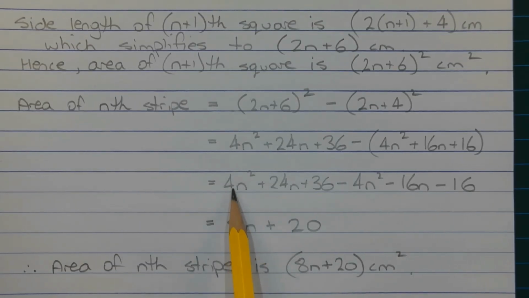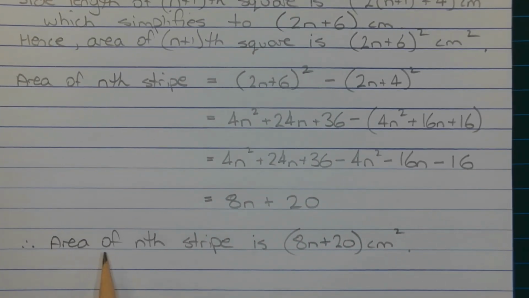Now the 4n squared here will cancel with the negative 4n squared here, and we can collect some like terms. So we get 24n minus 16n gives us 8n, and 36 minus 16 gives us positive 20. Therefore the area of the nth stripe is 8n plus 20 square centimetres as required.